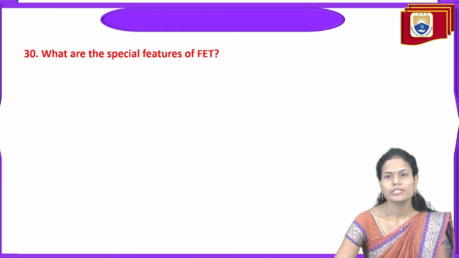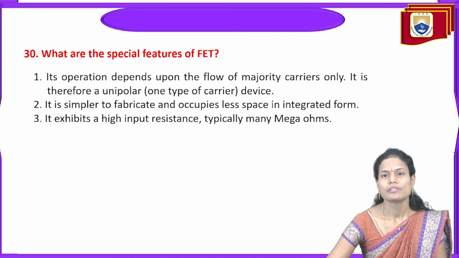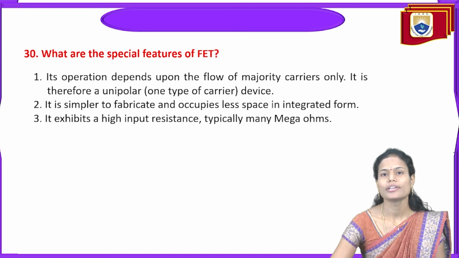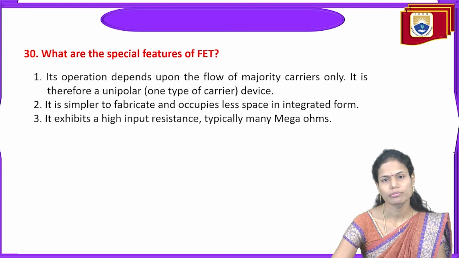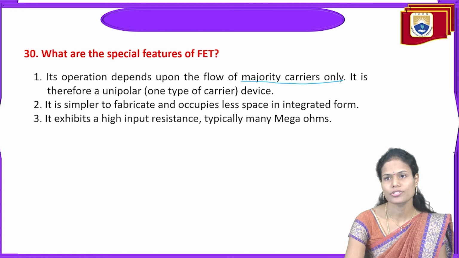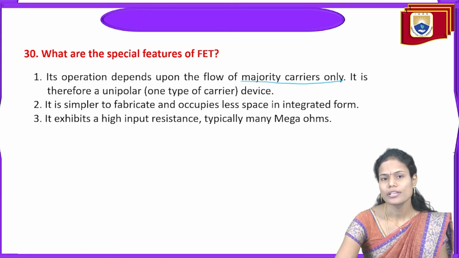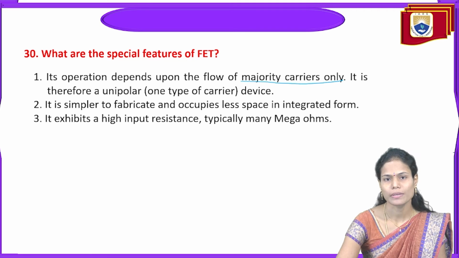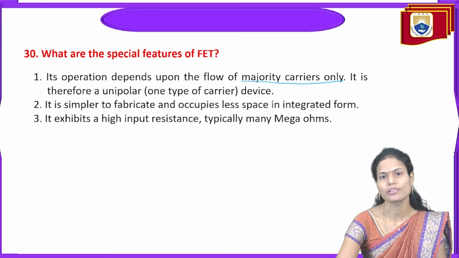And what are the special features of field effect transistor? Its operation depends upon the flow of majority charge carriers only. There is no requirement of minority charge carriers, and that's why we can call it a unipolar device. We can easily fabricate these field effect transistors, and they occupy very little space in the integrated or IC form.